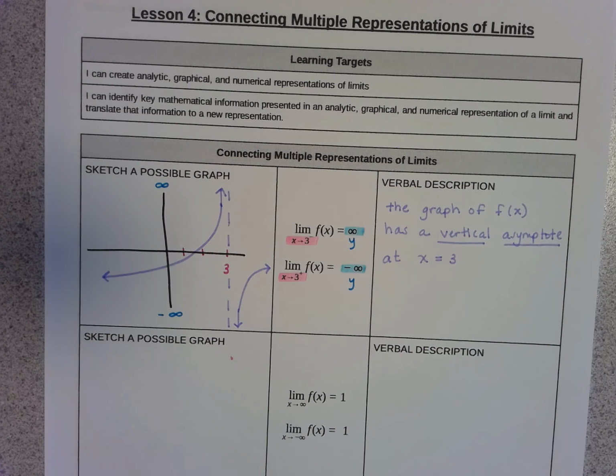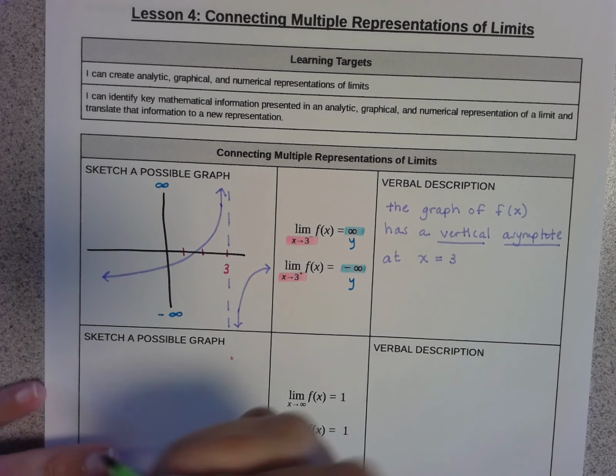One other piece of information that I want to note here is that we are going to be trying to draw the graph of a function. Now, a function must pass the vertical line test.